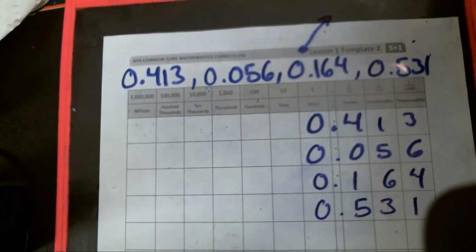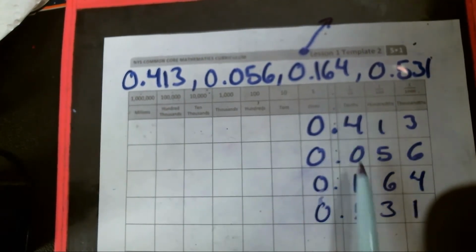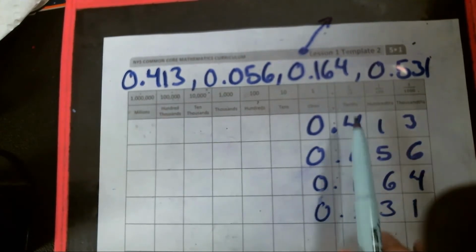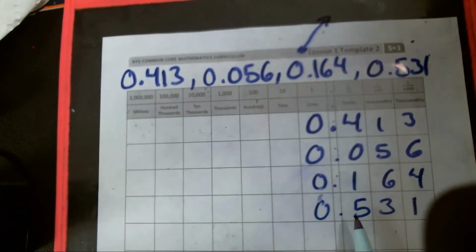And now I'm going to start ordering these. So my ones are all the same, they're all equal to each other, so I'm going to move on to the tenths. And out of these tenths, because they're all different, I want to find the tenths that has the least amount, because remember, I'm trying to order my numbers from least to greatest.